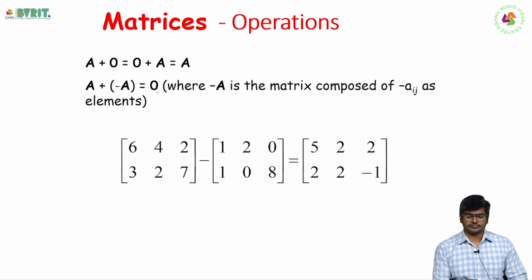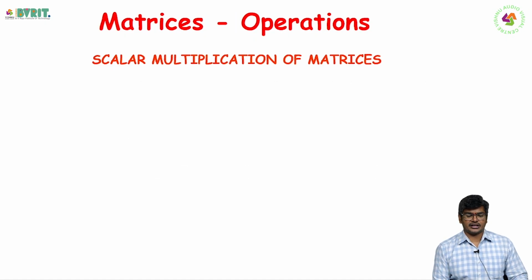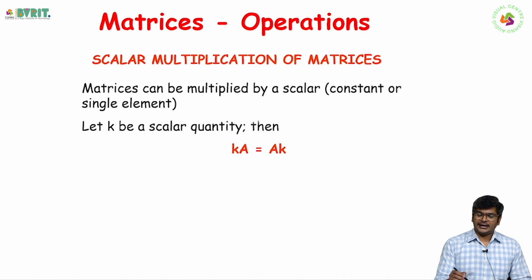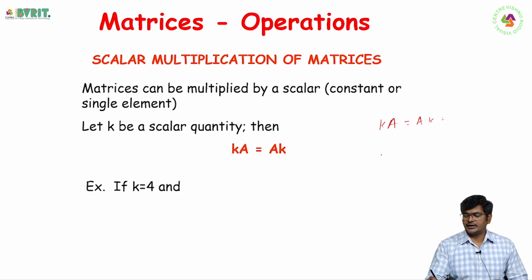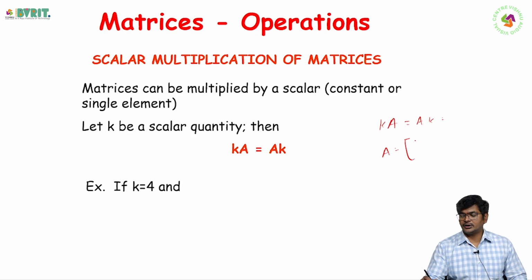Scalar multiplication. If A is a matrix, then multiplying with K, we get AK. For example, take A is equal to [minus 1, 3; 2, 4].